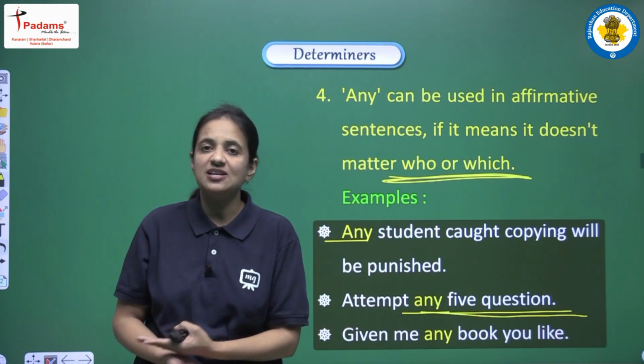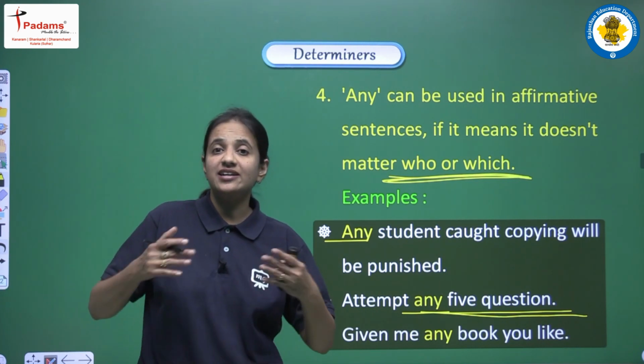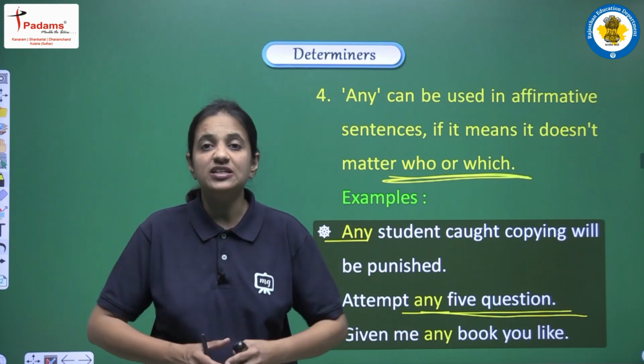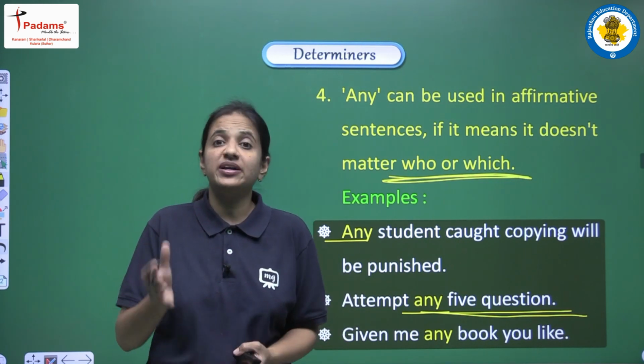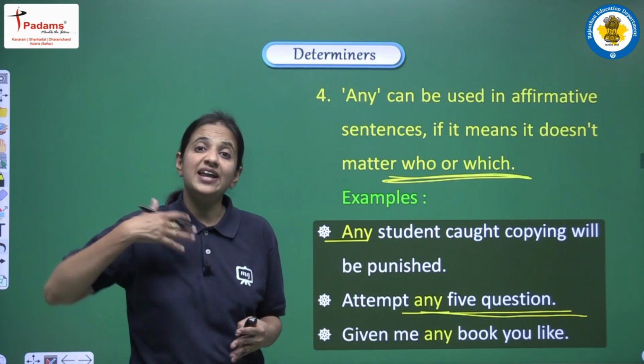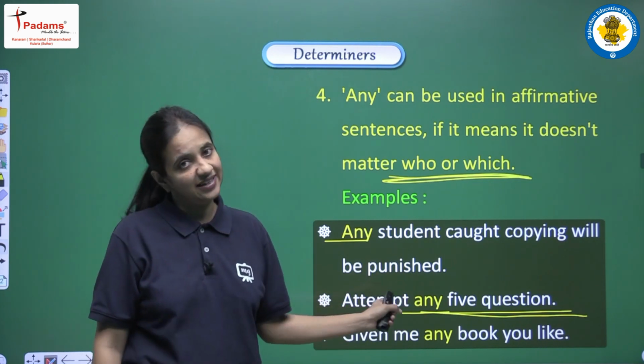Suppose we have a total of 10 questions. This is the instruction for all of you to attempt any 5. So again in this sentence we are talking about one general thing. We are not saying that particularly these 5. So we are trying to say attempt any 5. This is the reason we are using any here in the sentence.